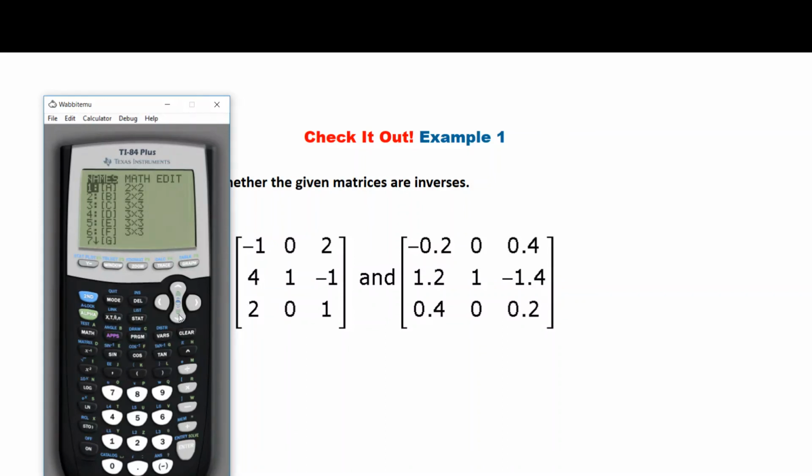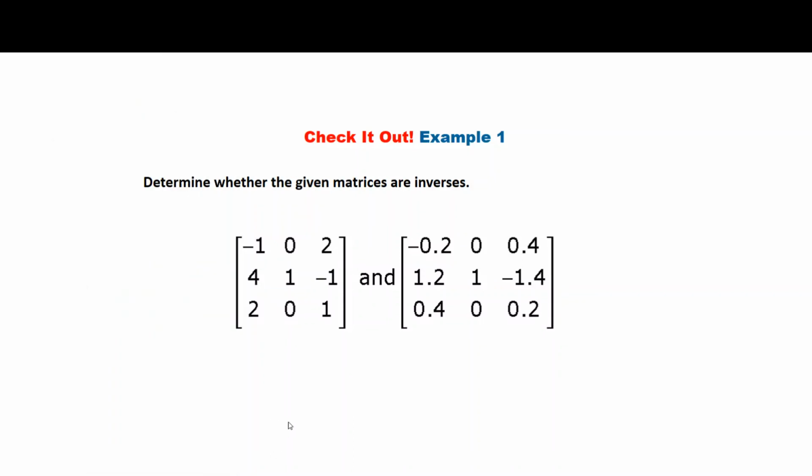Matrix F times matrix E, and once again I get the identity matrix. So I know that E and F are the inverse of each other because when they multiply together they give us the identity matrix. Okay, so now we're going to keep on moving.